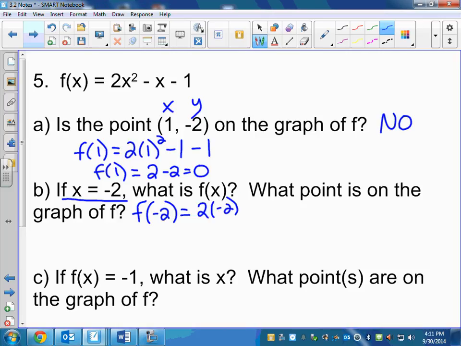Make sure you use your calculator correctly if you're typing all this in. But that would be 4 times 2, which is 8. Minus negative 2 would be plus 2. 10 minus 1 would be 9. So the point would be, when x is -2, the y value is 9.